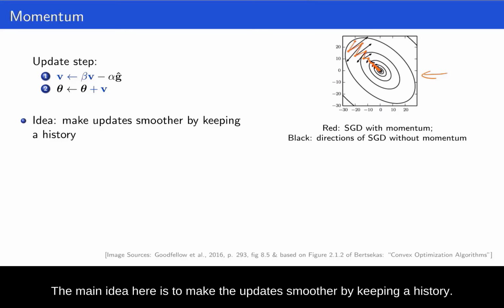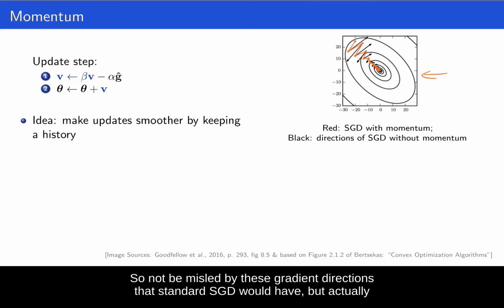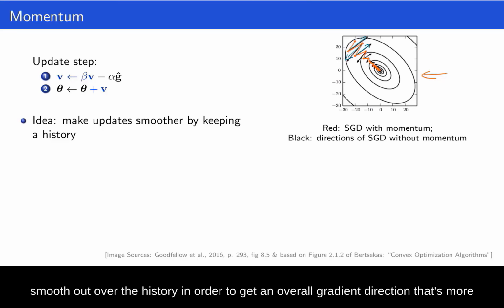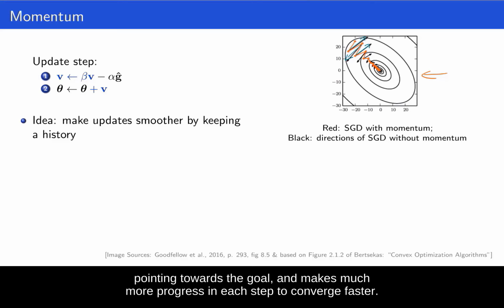The main idea is to make the updates smoother by keeping a history. So we are not misled by the gradient directions that standard SGD would have, but smooth out over the history to get an overall gradient direction that points more towards the goal and makes much more progress in each step to converge faster.